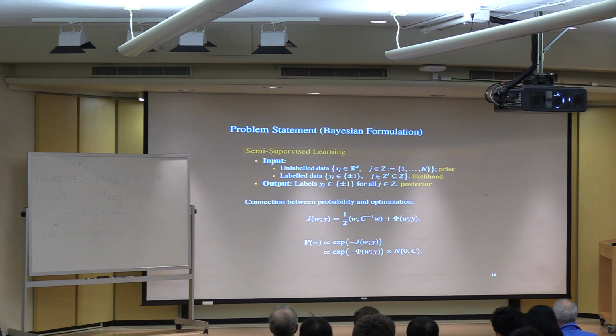So the two optimization problems I described can both be viewed as probability maximizers for this Bayesian formulation of the problem.